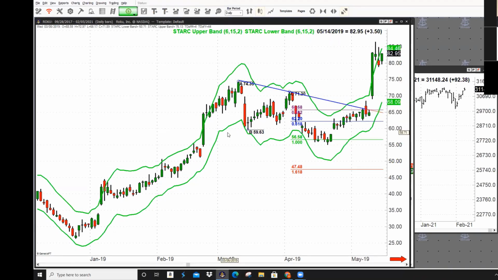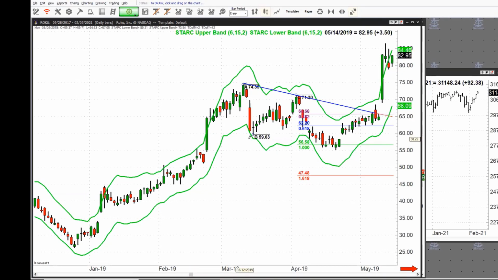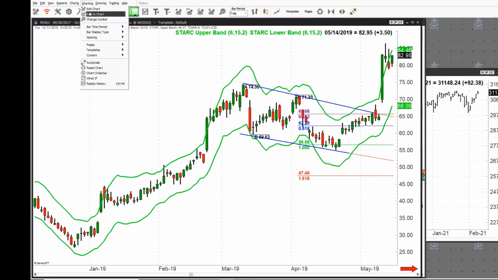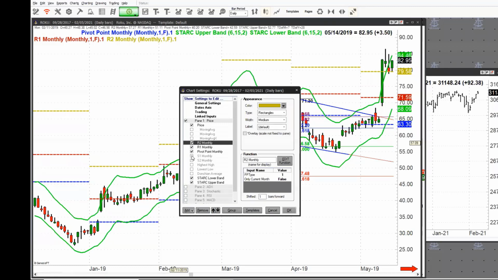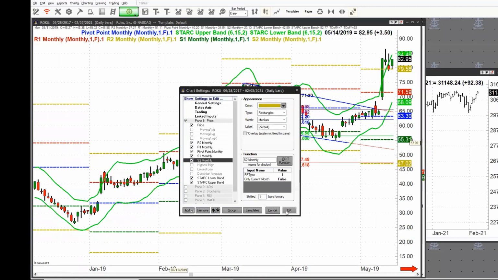You can see the flag formation here. You can do the same thing we did on the other one. You can draw a downward sloping channel, and it'll give you those targets on the upside. And of course, we can add in the pivot levels. So let's add the monthly, R1, R2, S1, S2.